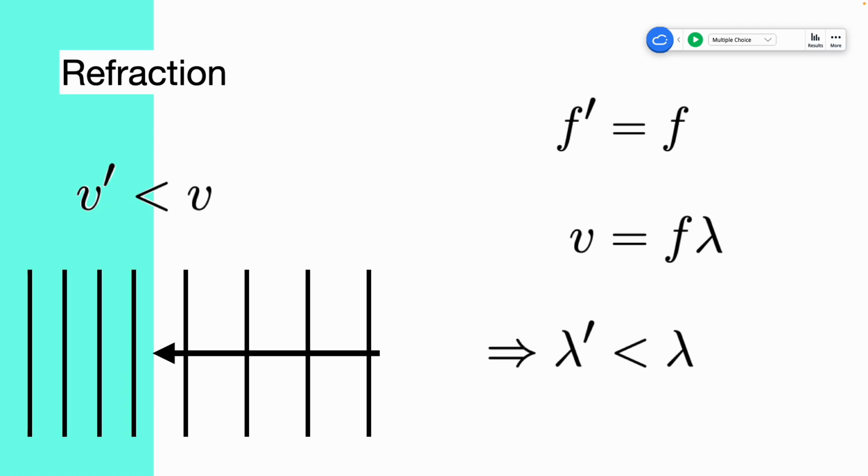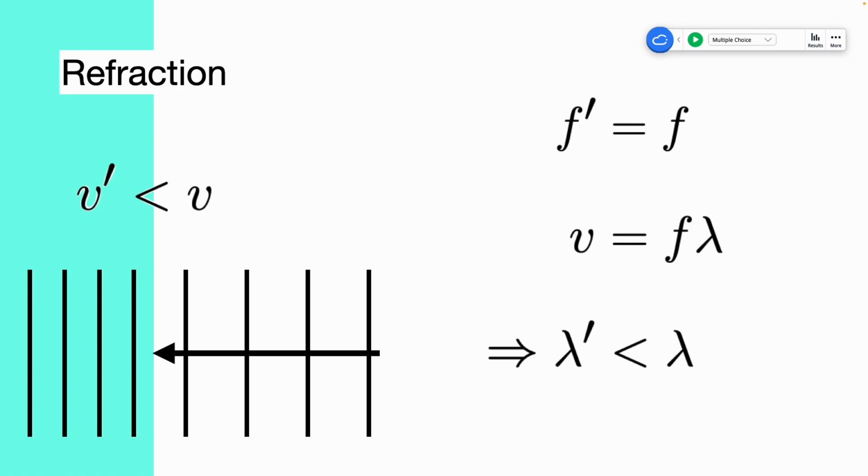So you should see the waveform like this. When light enters the glass, its wavelength becomes shorter, so the speed slows down. Or the reasoning should be that because the speed slows down, the wavelength becomes shorter. Okay? So when light enters glass, its speed slows down and wavelengths become shorter.